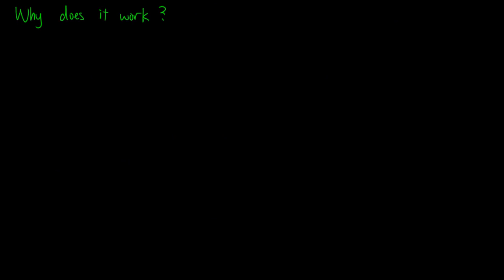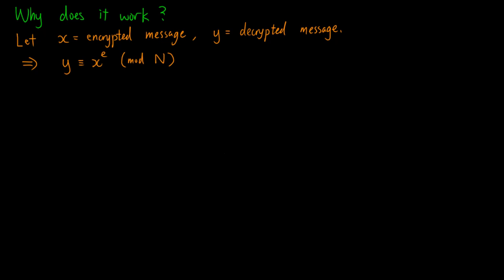To explain why the system works, let x be the encrypted message and y be the decrypted message. So x is congruent to y to the power e mod n. It suffices to show that y is congruent to x to the power d mod n.